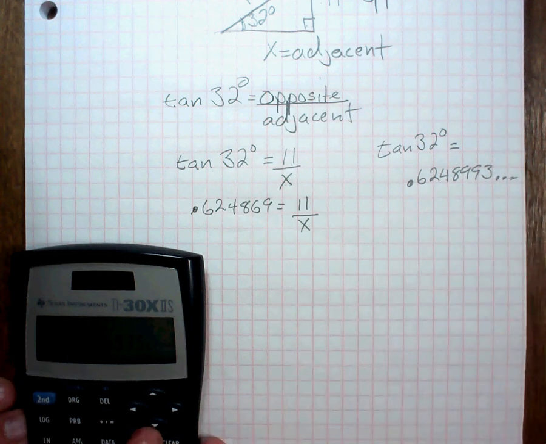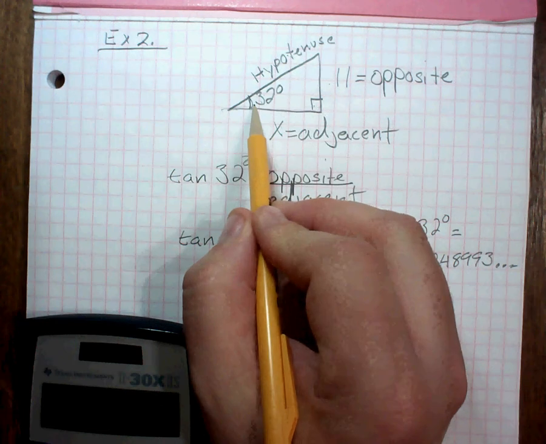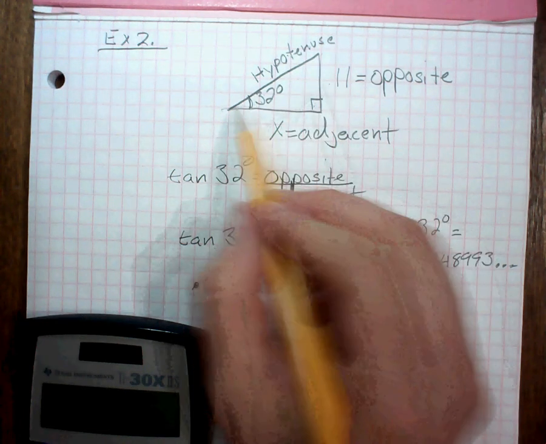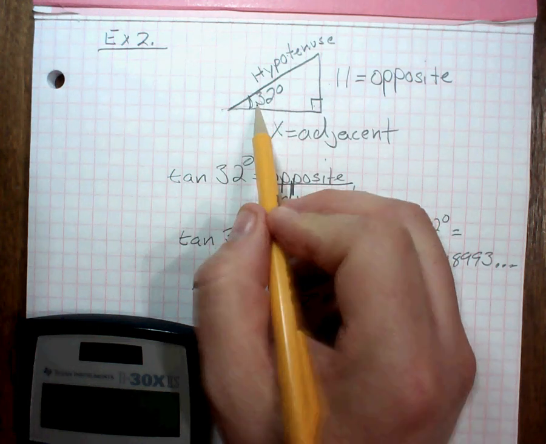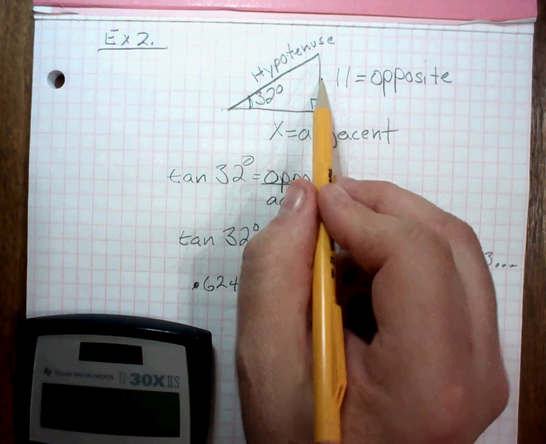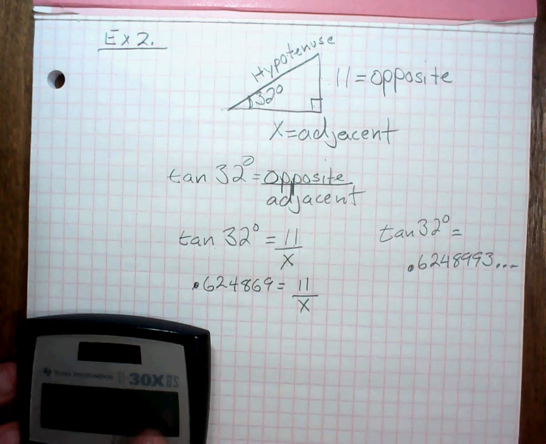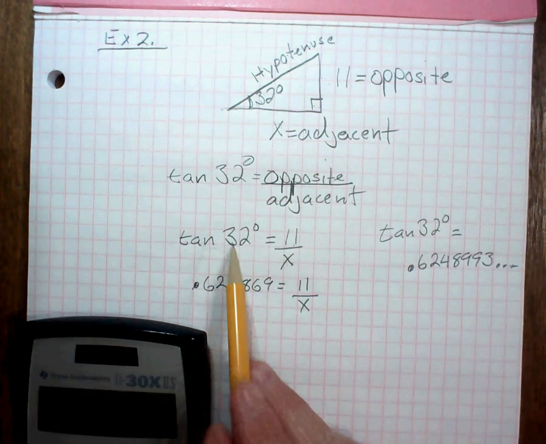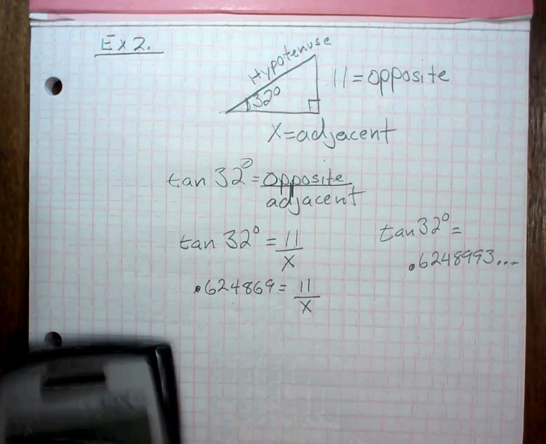Okay? And all that is comparing this measure of angle 32. There should be a common ratio, right? So if I have a similar triangle that's bigger, the ratio from here to here will be proportional. Okay? So anyways, tangent of 32 has a numerical value of 0.624869, and that's equal to 11 over X.